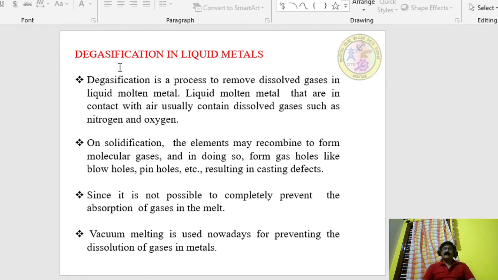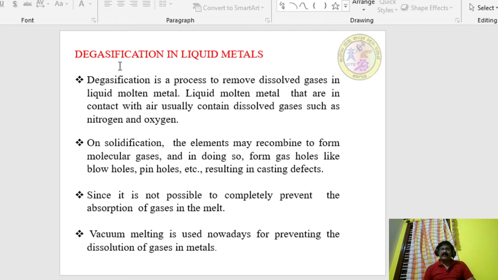Whatever liquid molten metal comes in contact with the air usually contains certain dissolved gases, generally nitrogen and oxygen. These gases may affect the production of a sound casting.